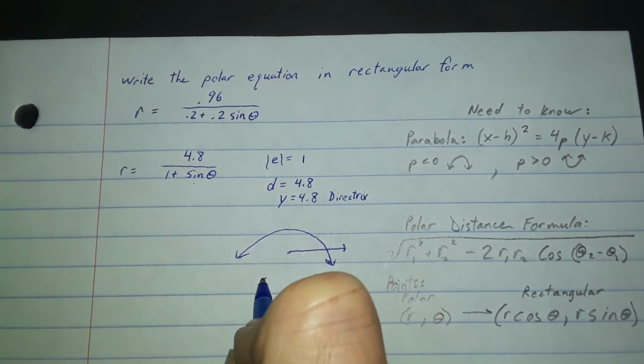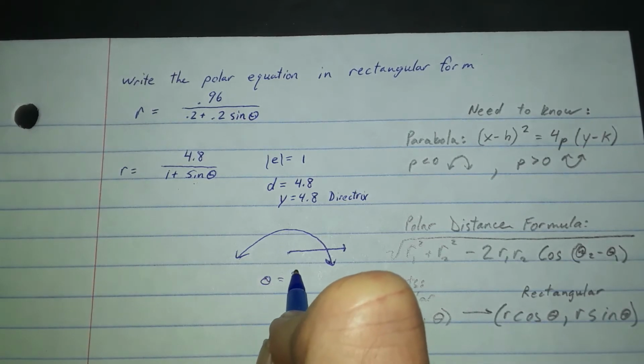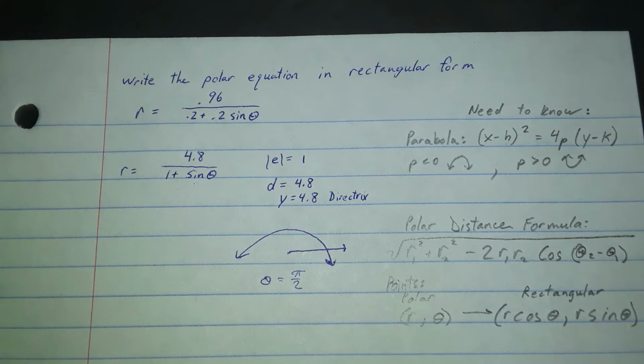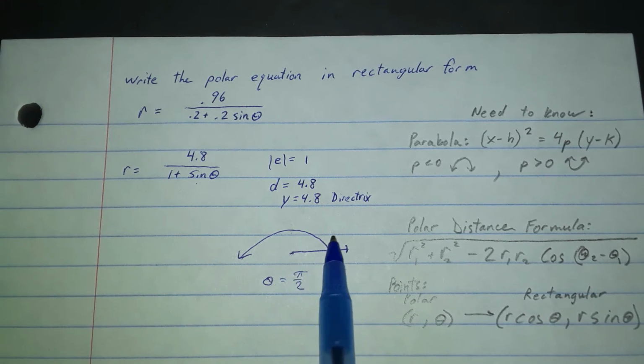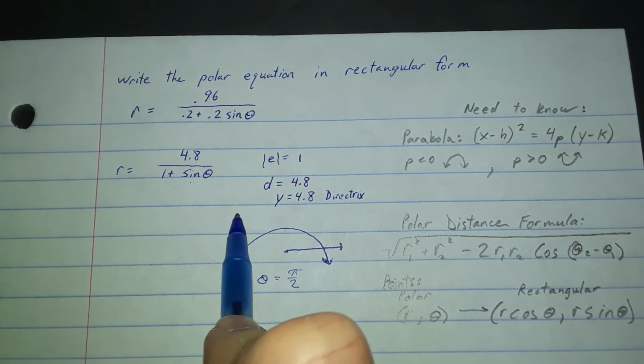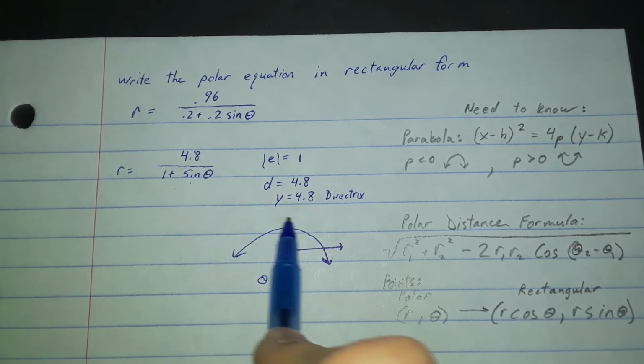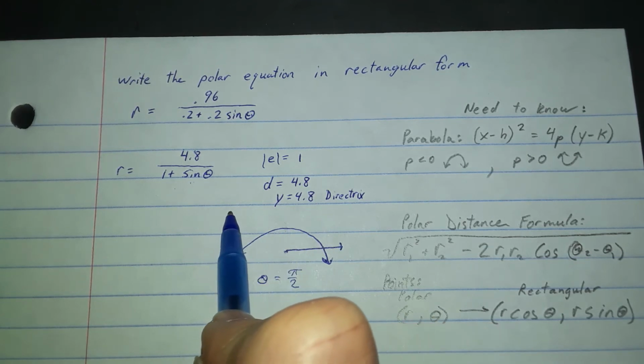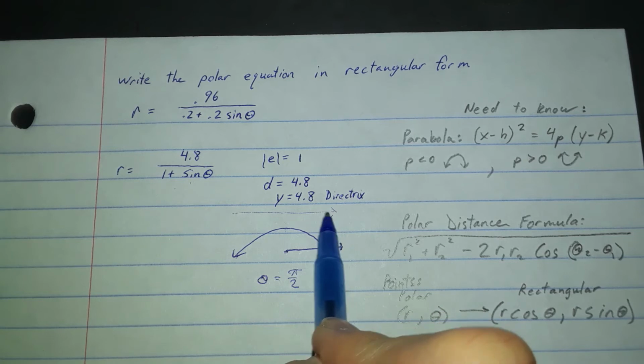So the angle of rotation here is pi halves, and then for the vertex, we want the distance between the pole here and the curve, and that distance we don't know directly, but we do know that out beyond this curve is the directrix going through 4.8 out here somewhere.